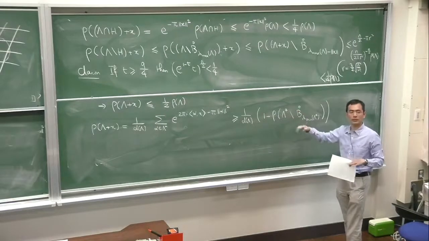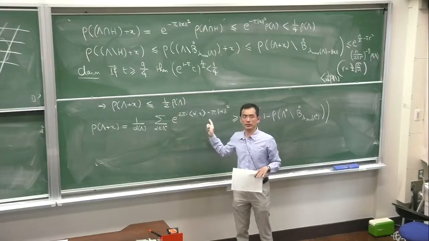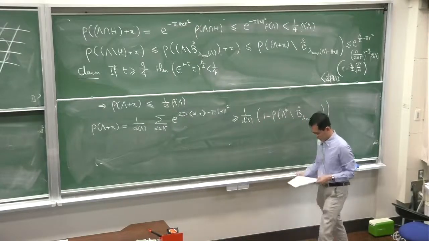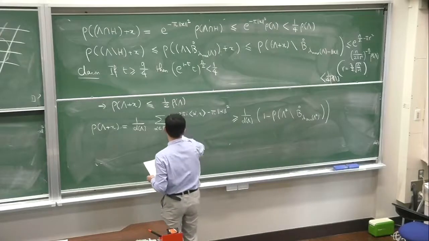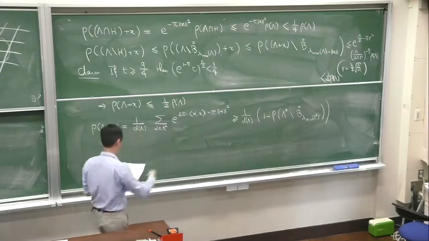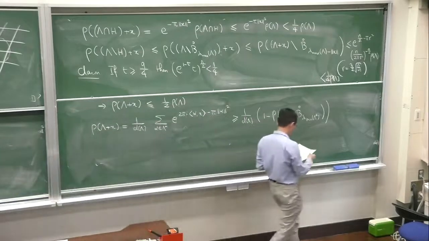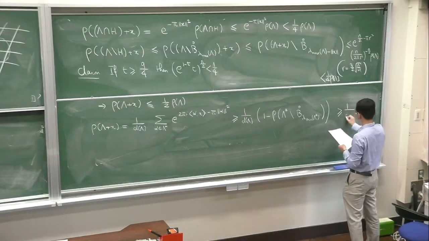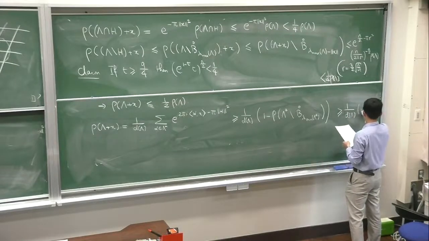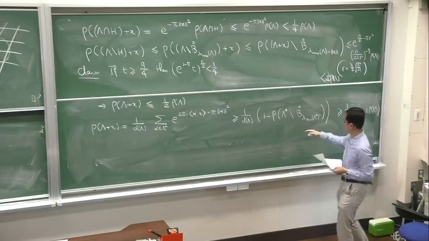Outside of this ball you may have some points, so you just take the upper bound 1. So you have this estimate. So this one is bounded from below by 1/d of lambda, 1 minus epsilon rho of lambda star.